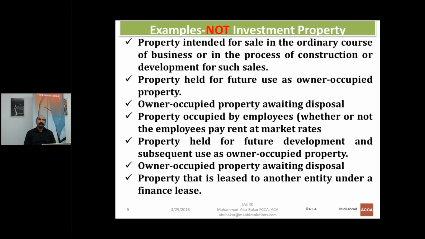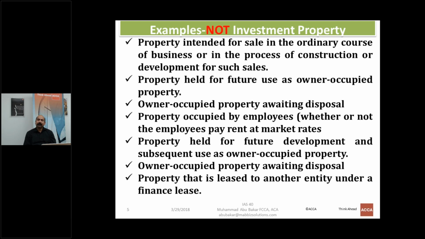If the property is rented to a subsidiary, in the subsidiary account, of course, this is not an investment property because this is not owned by the subsidiary. So far as the parent is concerned, in the consolidated account, this will not be an investment property.